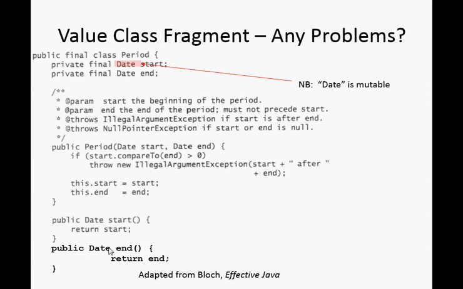Okay. Same thing with end, of course, here. Because getting this back is actually referencing the same date that's referred to there. So what can we do to prevent that, ladies and gentlemen? How can we stop that from being a problem? Have the constructor take the string instead and then convert it to a date.